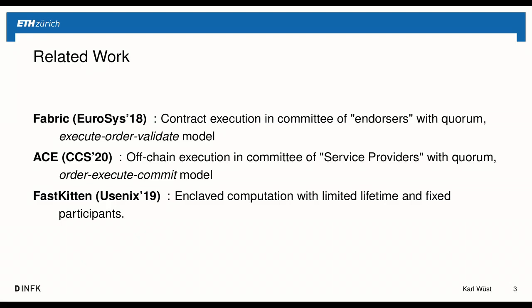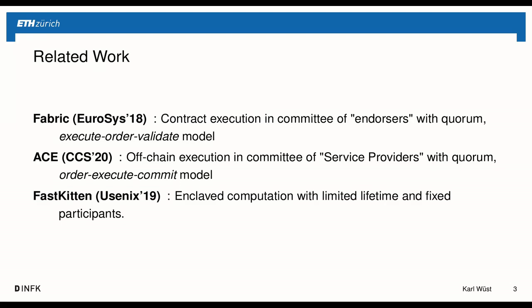The third system listed here, FastKitten, has the same goal as our system, but takes a completely different approach. So FastKitten uses a trusted execution environment to execute smart contracts, and it also requires collaterals from participants to prevent misbehavior. With this approach, FastKitten only enables a specific type of smart contract that has a limited lifespan and a fixed number of participants.